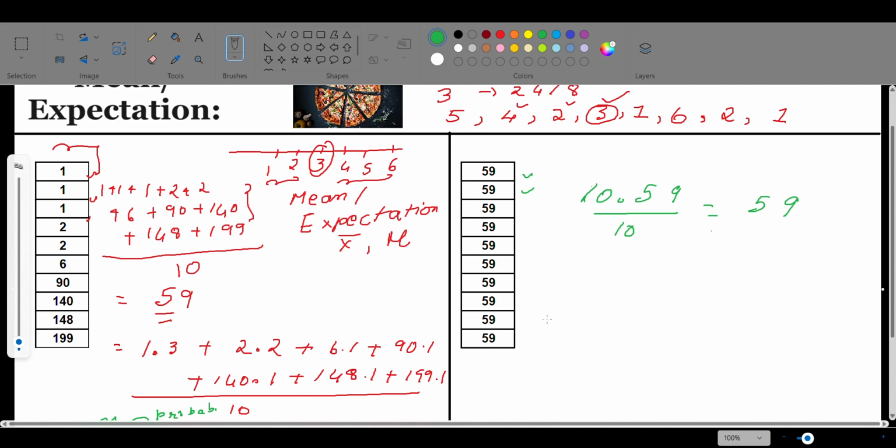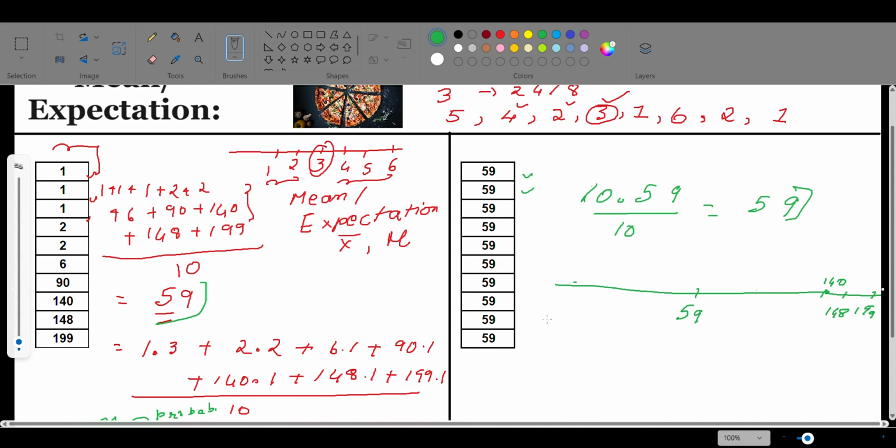Now, think of this. In the first data set also we saw that 59 was the mean. In the second data set also the mean is 59. But are these two data sets the same? Let's think about it. Okay. The first data set says that the mean 59 lies here, for example, and you have 199 over here, 148, 140.